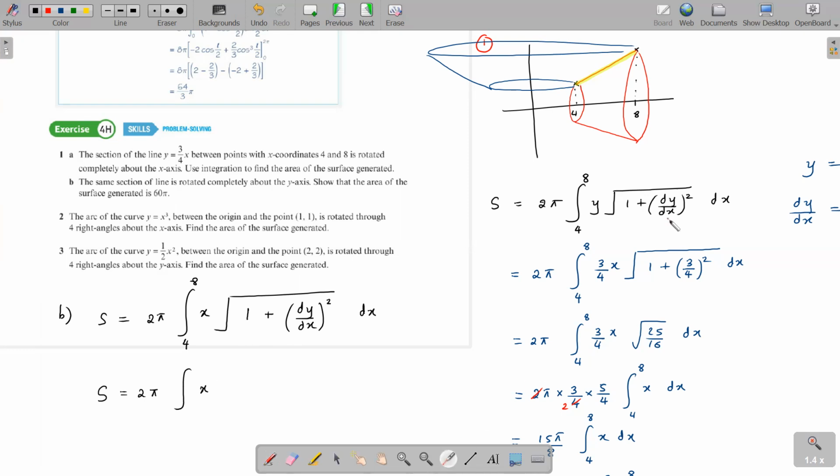I think we found dy by dx previously, right? dy by dx was 3 over 4. Do we need to find it again? No. So dy by dx is 3 over 4. Basically, I have the answer for this whole root: 1 plus dy by dx whole thing squared was 25 over 16.